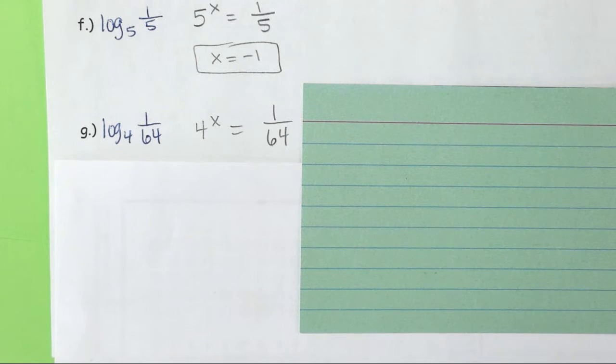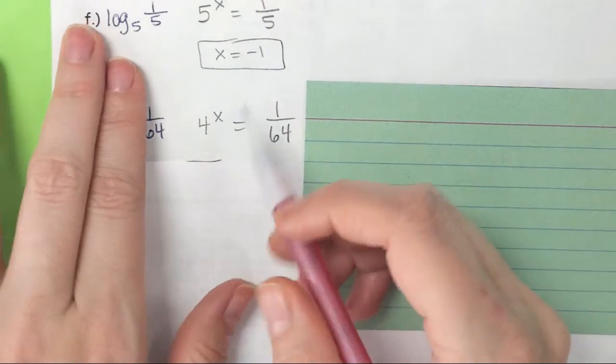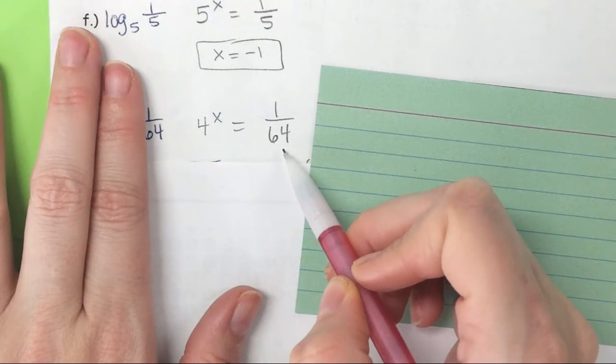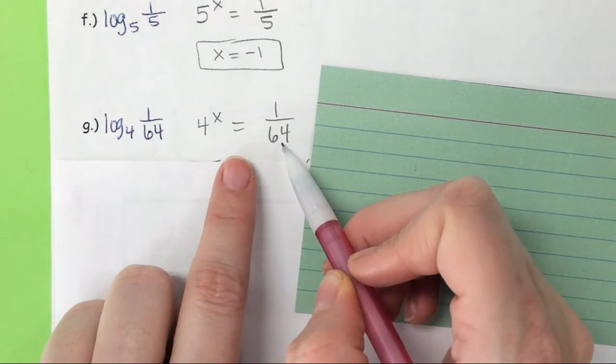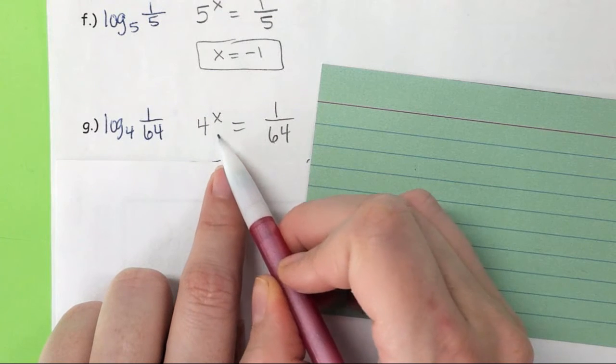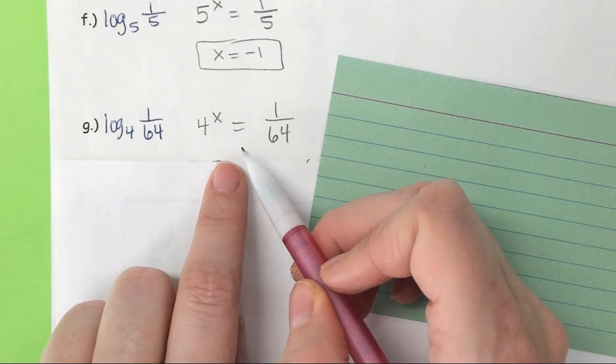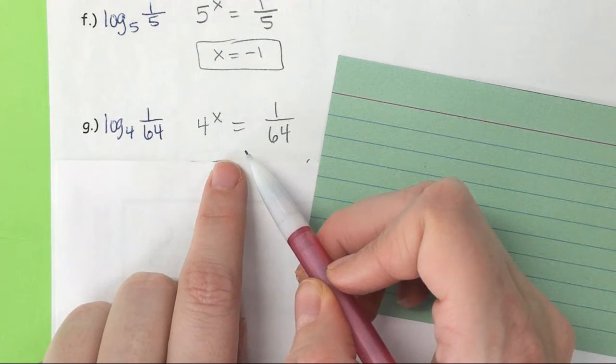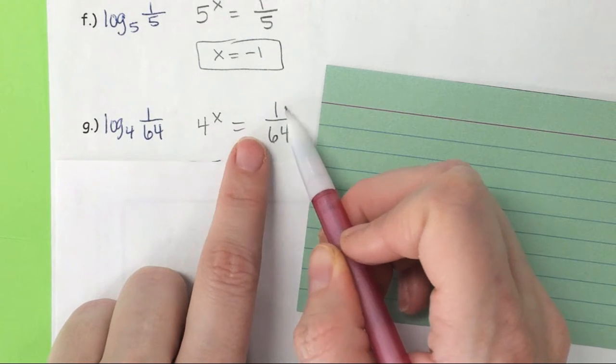Okay, so did you know what our final answer is going to be for x? Okay, so we said 4 to the third is 64, right? So we're close to that. We just have to get the 1 over it. So to get the 1 over it, instead of doing 4 to the third, we're going to do 4 to the... So what makes the 1 over it?